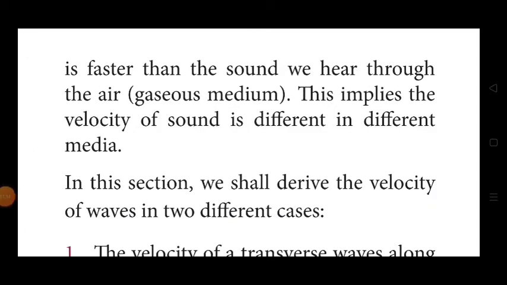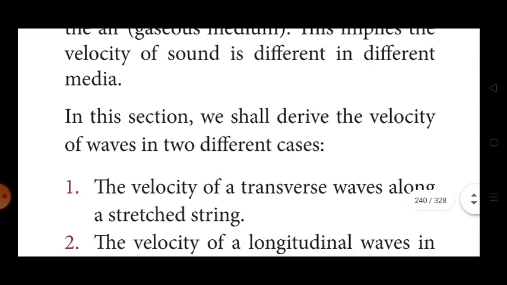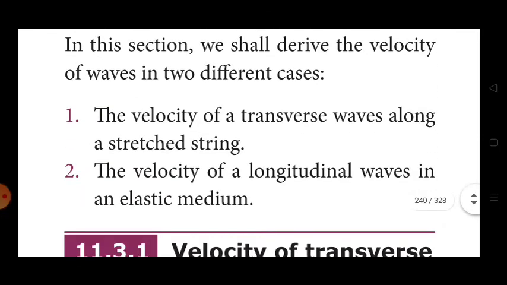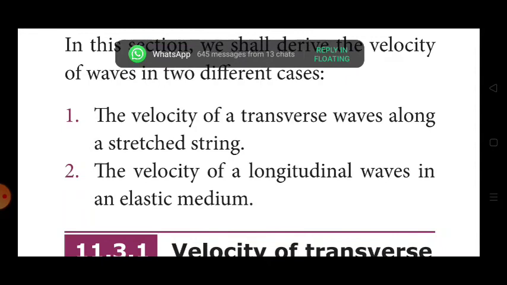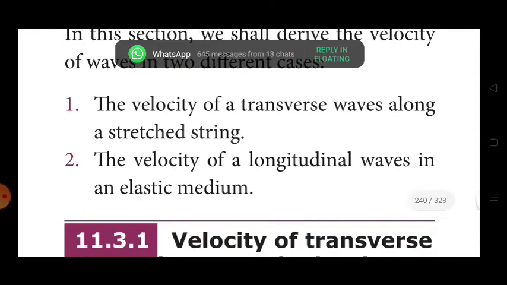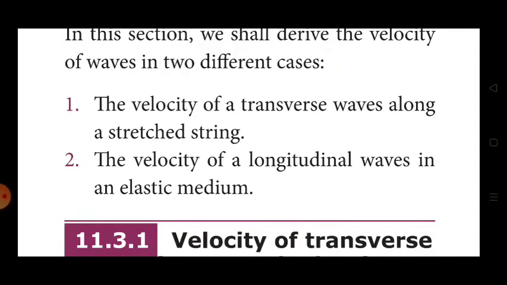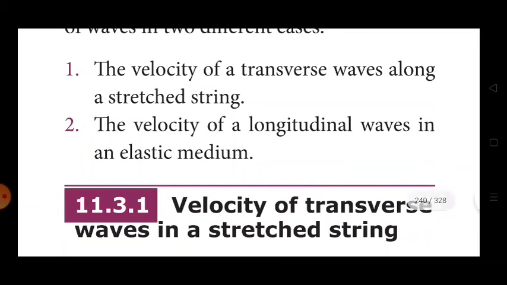This implies that velocity of sound is different in different media. In this section, we will derive the velocity of waves in different cases: the velocity of transverse waves along the stretched string, and the velocity of longitudinal waves in an elastic medium.